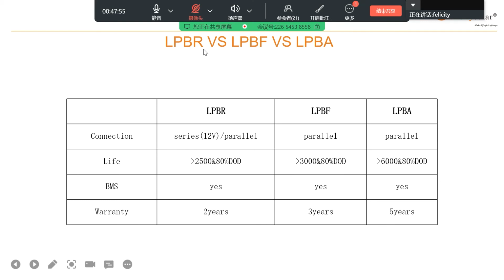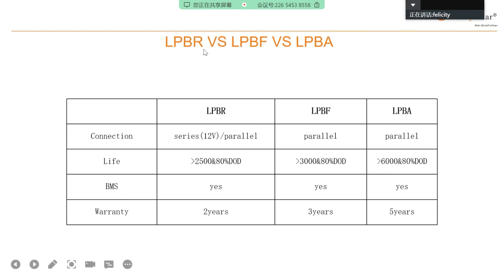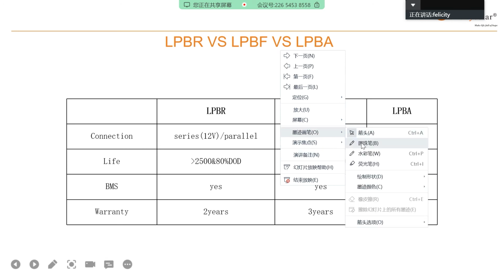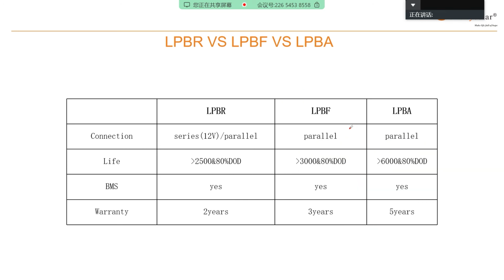But LPPR 24 and 48 volt only support parallel connection, and LPPF and LPPA only support parallel. But here is a little difference: this one's parallel number is 6 pieces, and this one's maximum is 12 pieces. This is the little difference.